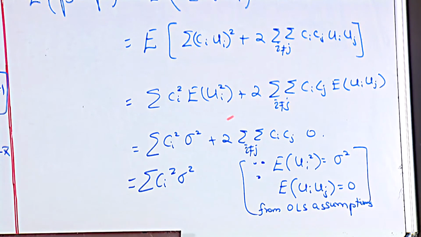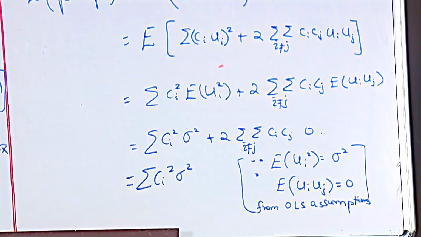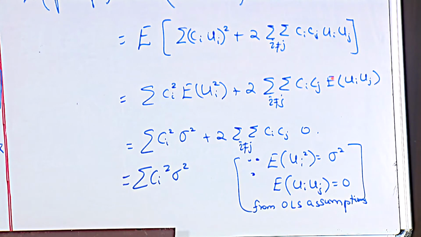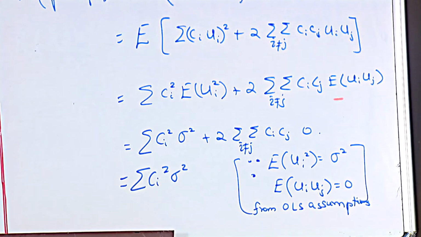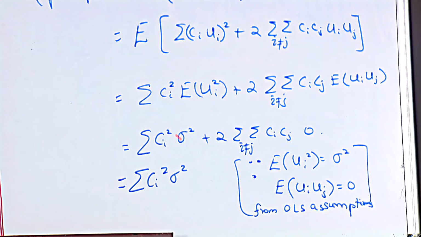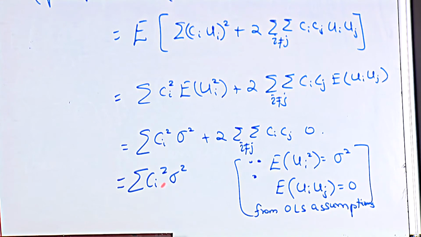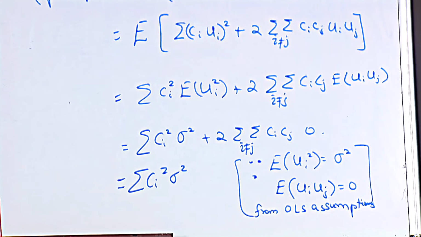From the OLS assumptions, from the homoscedasticity assumption, the first becomes a constant, and the second is 0. So we get finally variance of beta star is equal to Σ Ci square sigma square.